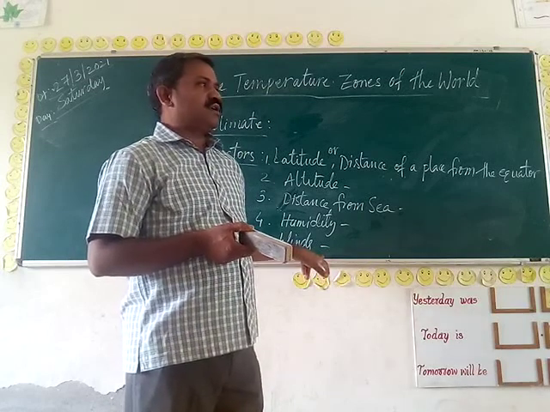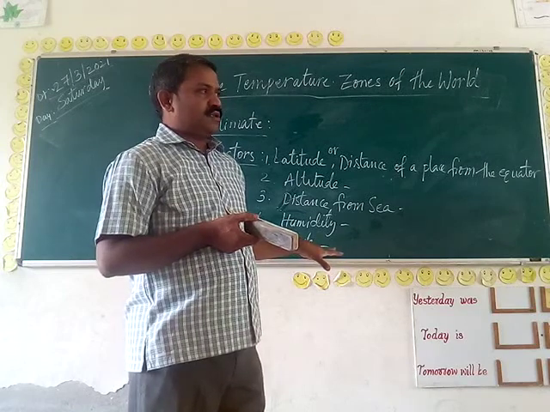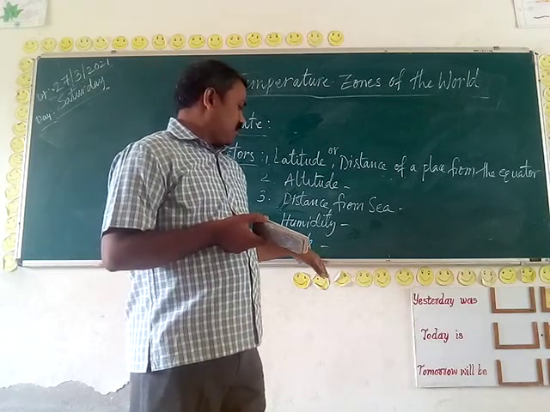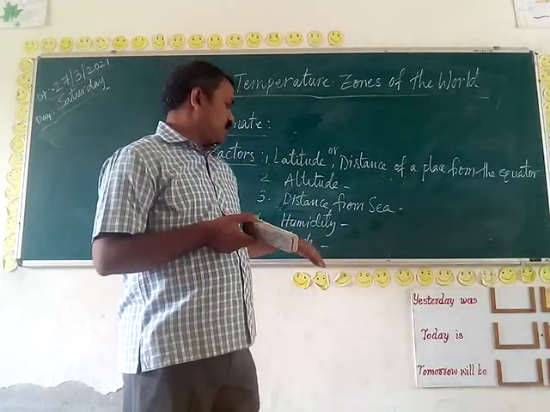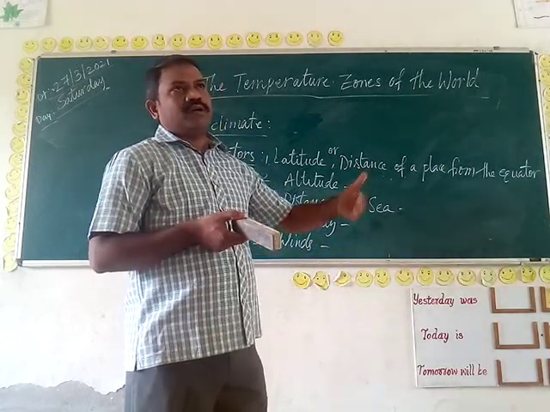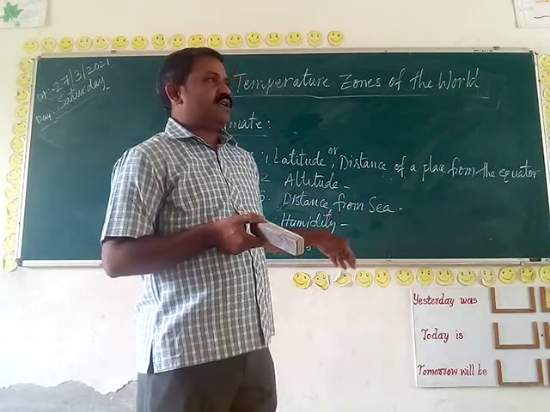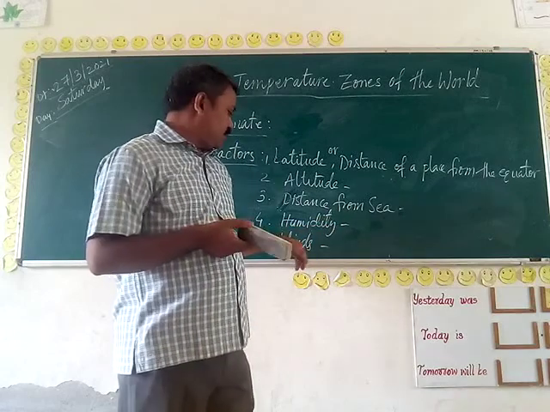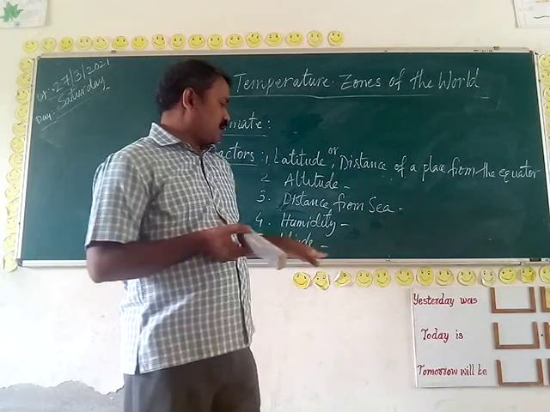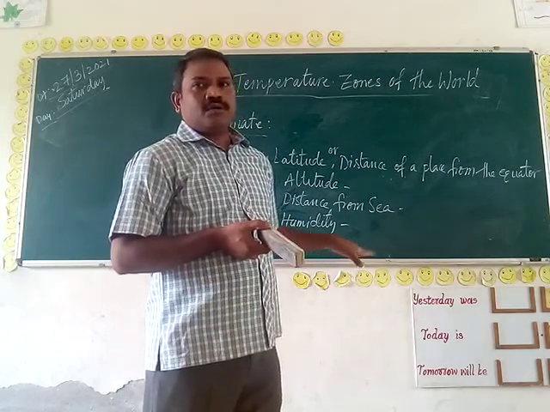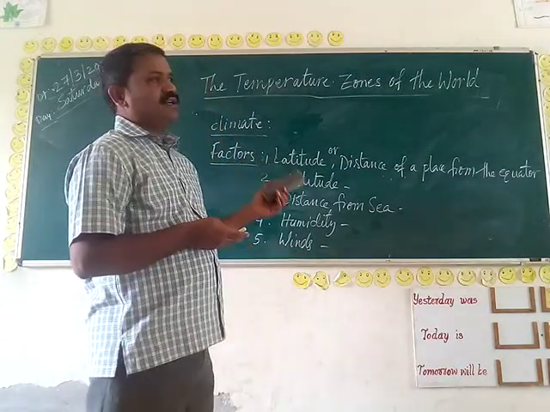If they originate in cold places, then the climate will be cool. If the winds originate from desert areas, the climate will be hot. If these winds originate from cold deserts, then the climate will be cool. This is about the factors influencing the climate.